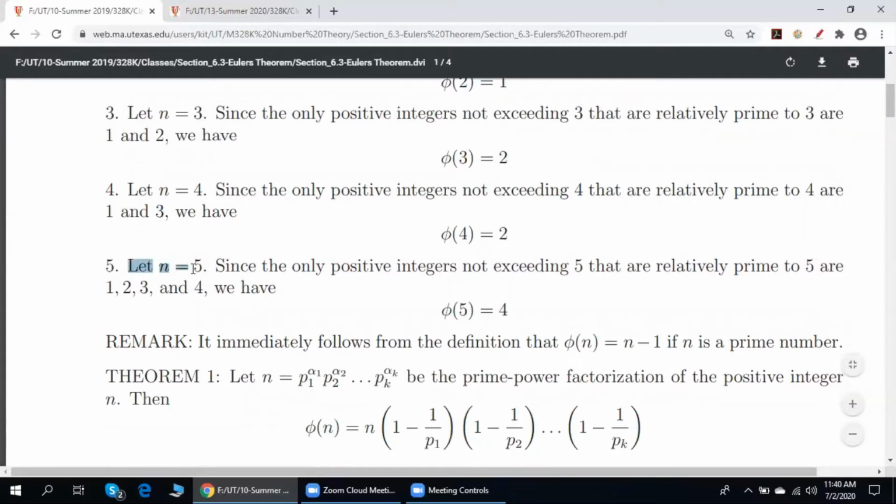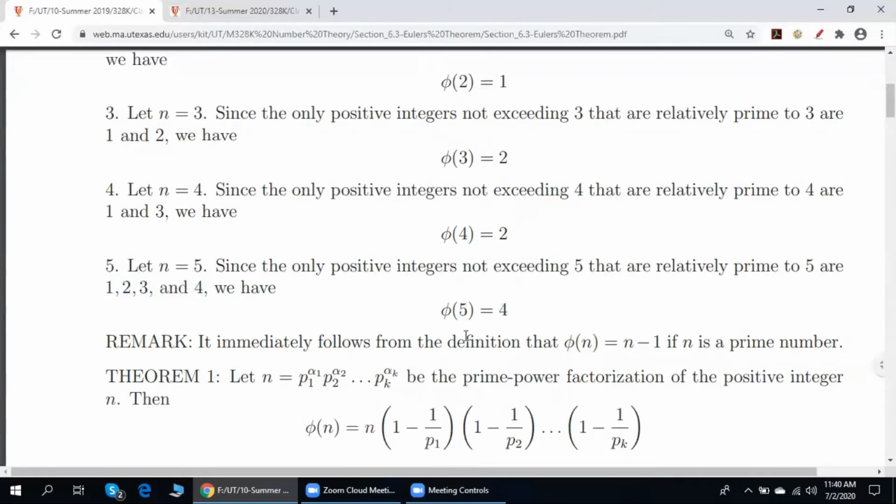Let n is equal to 5. Since the only positive integers not exceeding 5 that are relatively prime to 5 are 1, 2, 3, and 4, we have phi of 5 is 4. So here we have 4 numbers, therefore phi of 5 is 4.